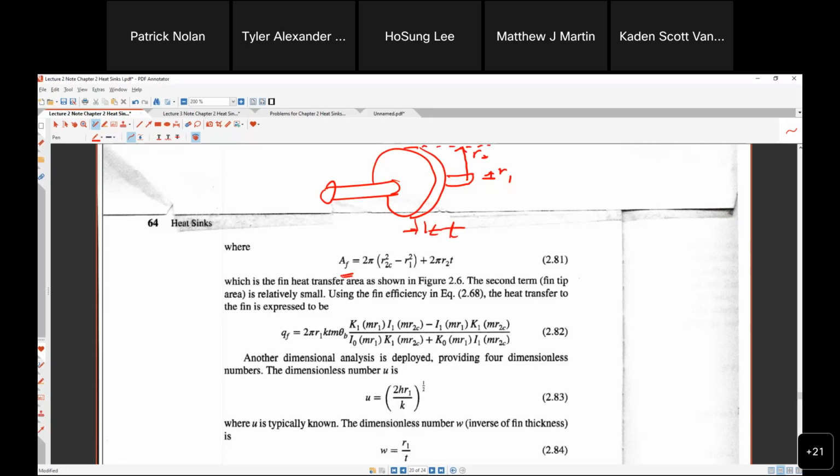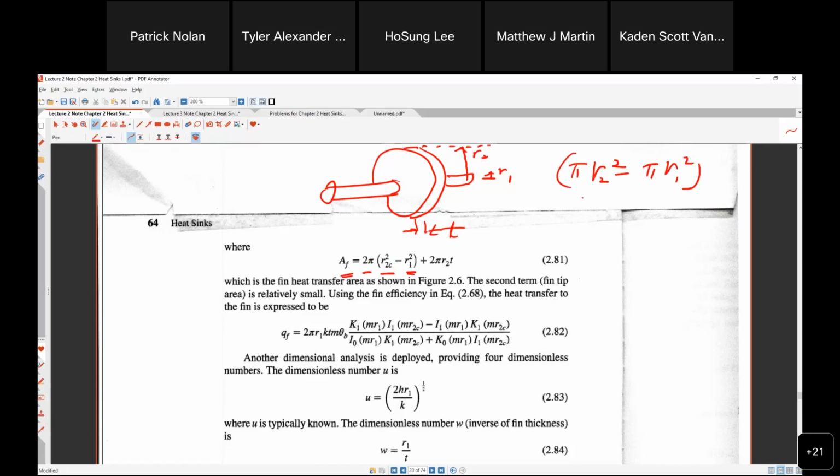So the fin area is pi R2 square minus pi R1 square.